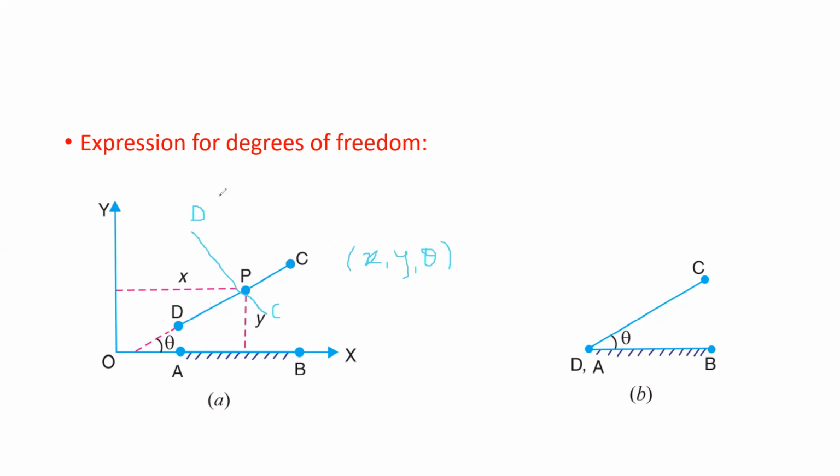So now I can say that if a link is free to occupy any position in a plane, it will have 3 degrees of freedom. One link will have 3 degrees of freedom. Got it?